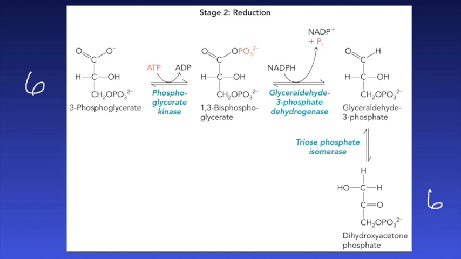Now, that means I have to have something that wants to attack and a place that wants to be attacked. This right here wants to be attacked. This is an electrophile because it is partially positive. Why is that carbon partially positive? Because of the oxygen, the electronegativity difference. What is the nucleophile?